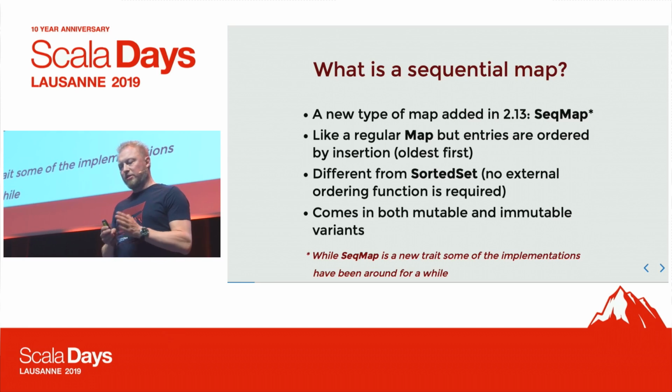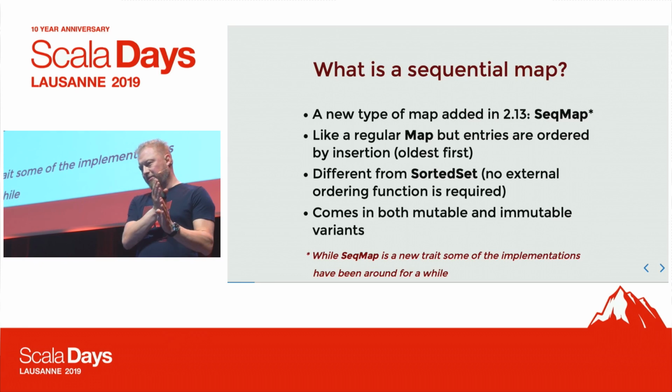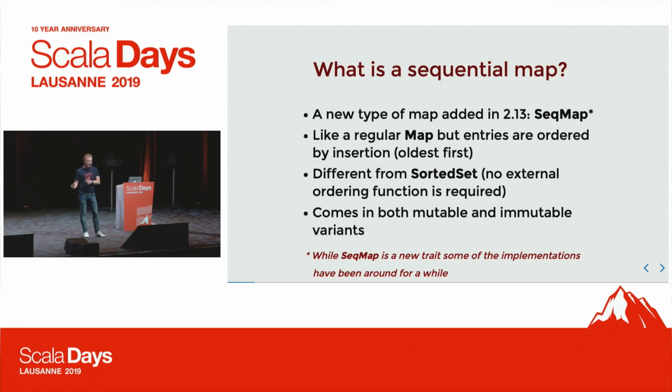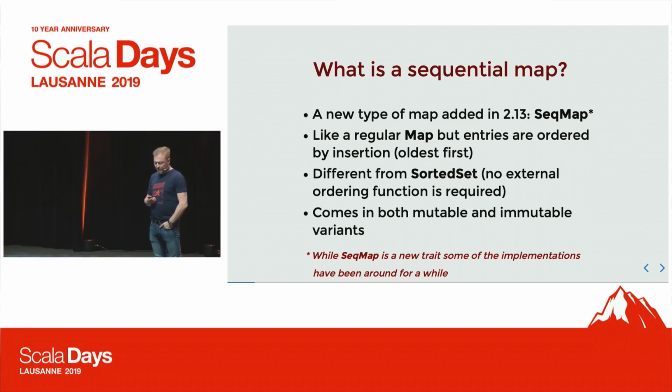So it's basically the series of events that you put stuff in, and they remain in the same order. No external ordering function is needed, so you don't have to have an ordering. The order is based on the operations you perform. And there are both mutable and immutable variants.